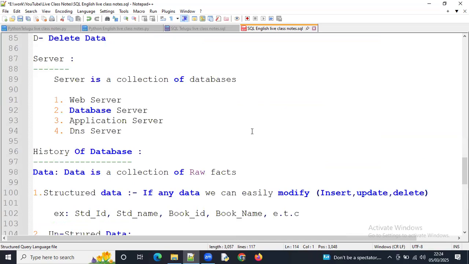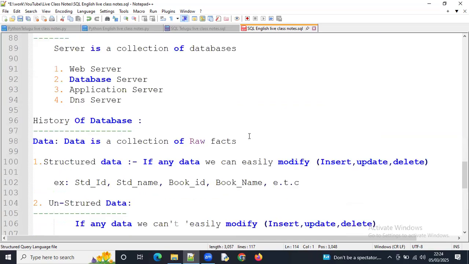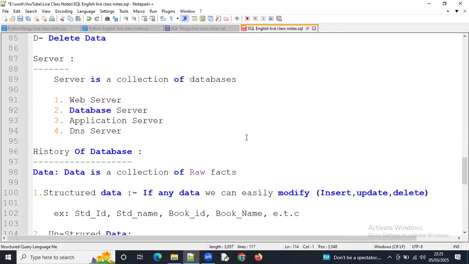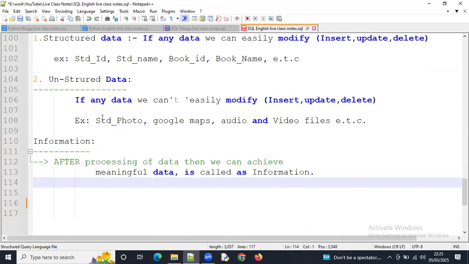Next we discussed servers. In servers we have mainly four types: web server, database server, application server and DNS. Of course, there are many types, but we discussed only these, and especially we learned about database servers.